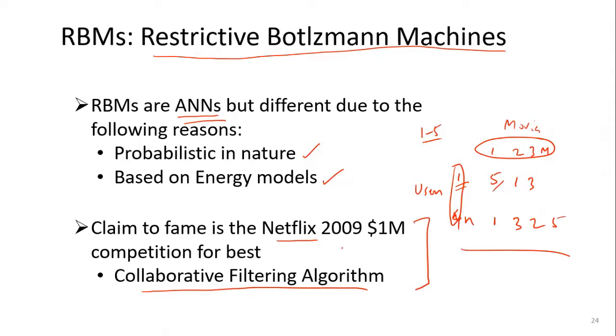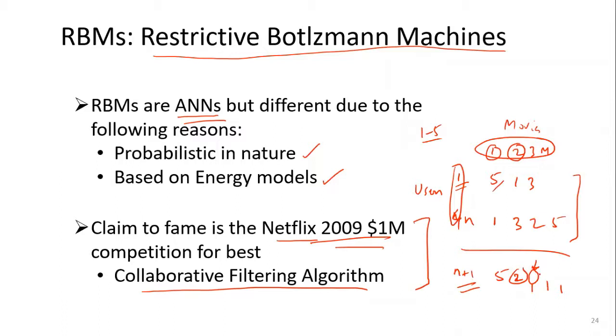And the idea of this Netflix competition was that, based on the existing data, if you have a new user, N+1, and this user gives a rating of, let's say, 5 to this particular movie, and a rating of 2 to this particular movie, but hasn't rated other movies, can you predict what rating this user would give to this particular movie?